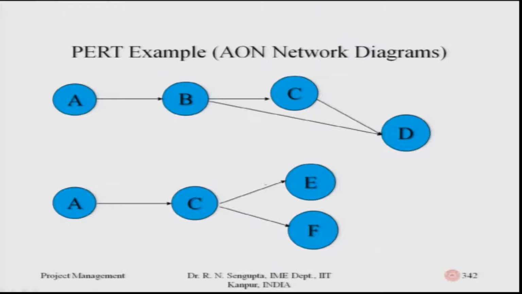Now, in this diagram, I have not started the problem. These are the different sequences of jobs you may have. A leads to B, B to C, and B to D also, but D cannot be completed until B and C are finished.